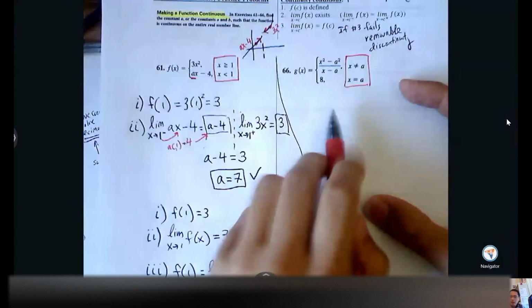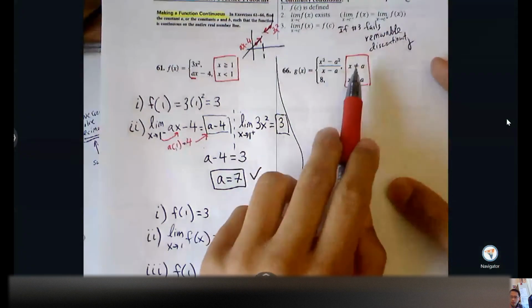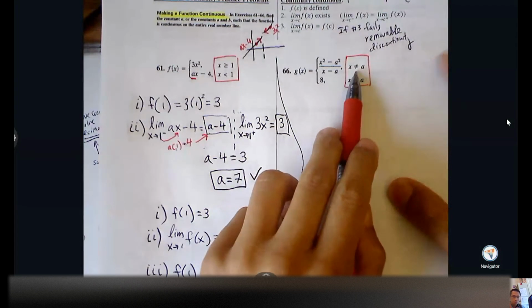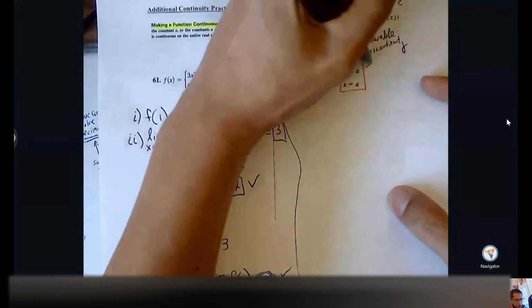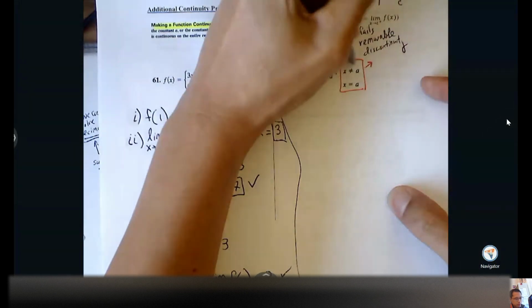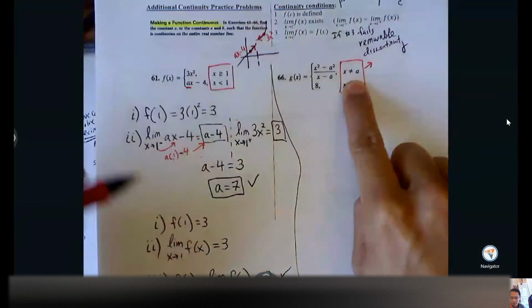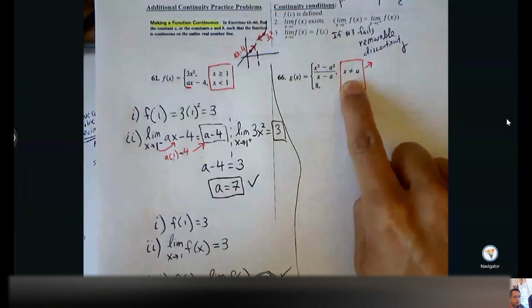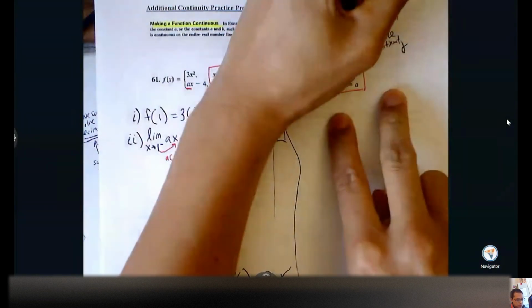So this x squared minus a squared over x minus a. When you see this x doesn't equal a, let me further expand on what that's saying.